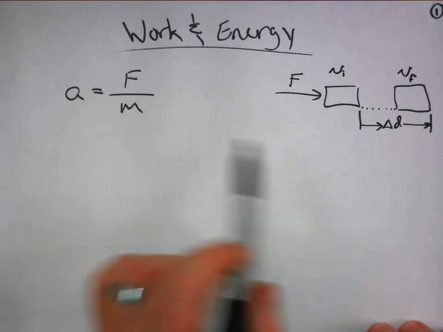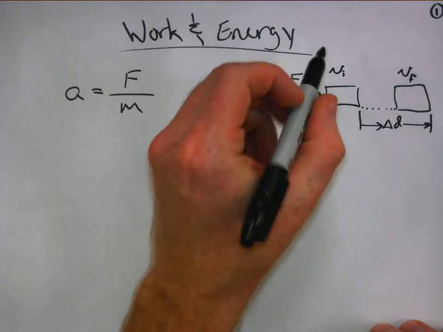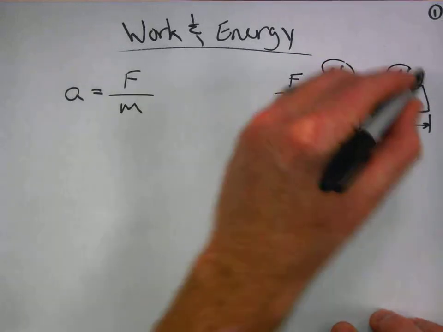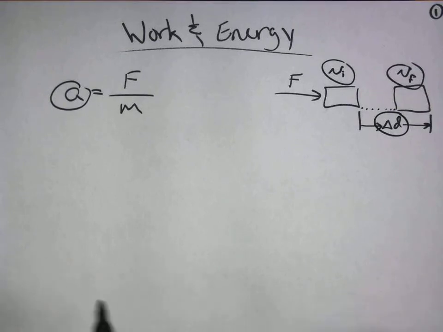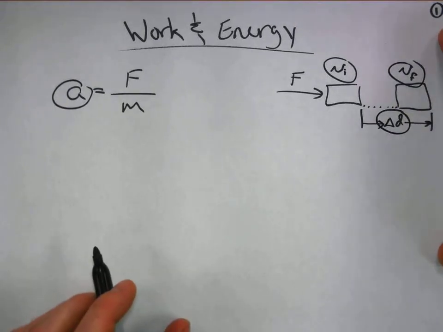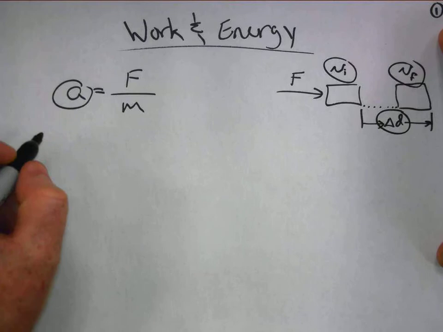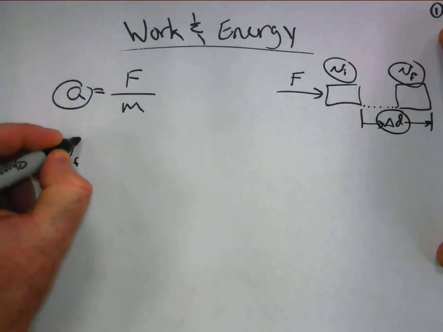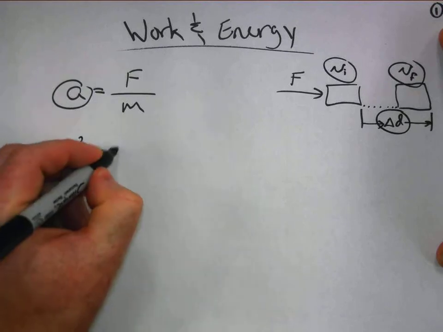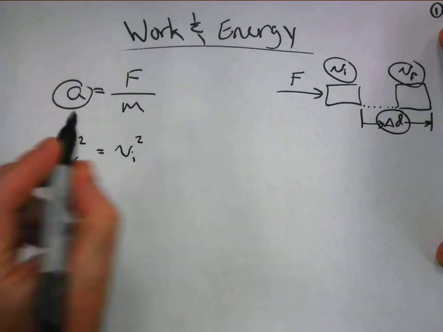And so with these, there's an equation that we have. Of course, it's an old one. We have used it a whole bunch. To link these things together, we usually would use this equation.